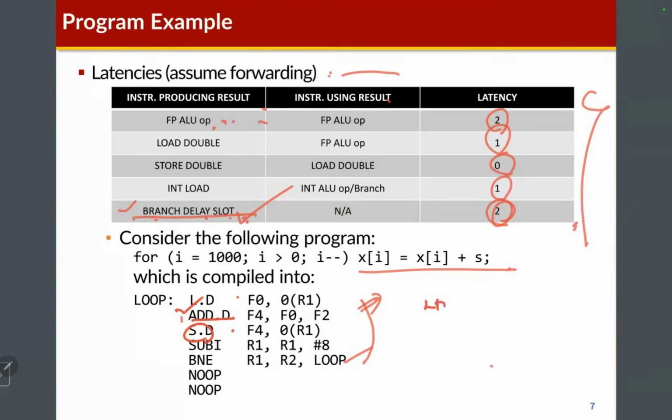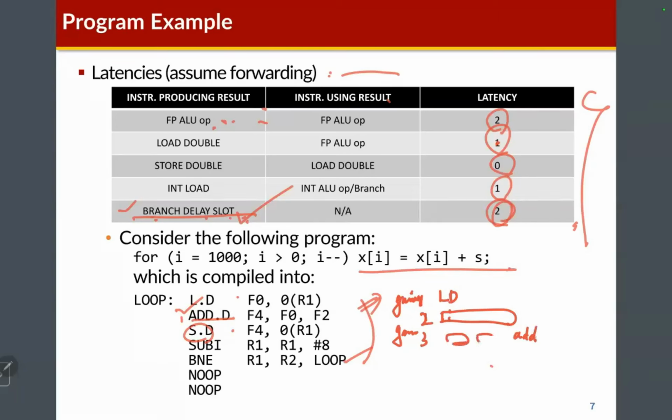Oh, load is in the first group, so we need to assign the load here, group 1, and then we cannot assign add to the group right after this load instruction. So there should be an empty slot here, group 2, and then in group 3, we need to assign add here.